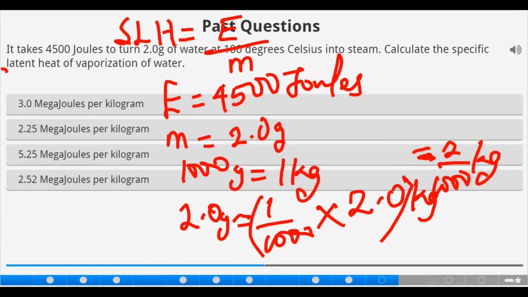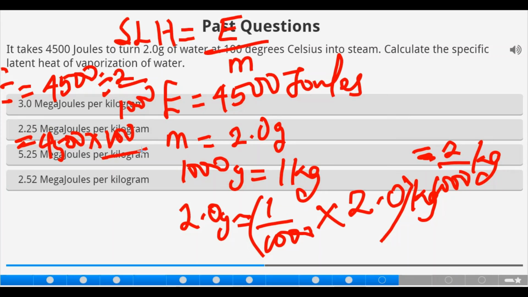With that, the specific latent heat is equal to 4,500 divided by 2 over 1,000, which is equal to 4,500 times 1,000 over 2. Then that will be equal to 2 in 4, that's 2, and 5, that's another 2, in 10, that's 5, 0, 0, 0, that is our joules.